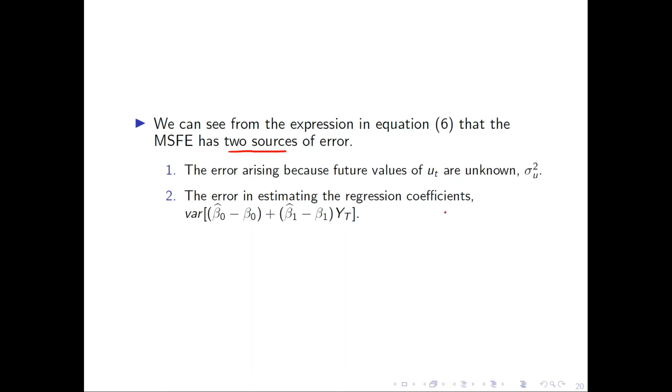One is the error because we do not have information into the future, and we do not have information of variables which affect the level of y apart from our lagged value. And the second error is in estimating the regression coefficients.